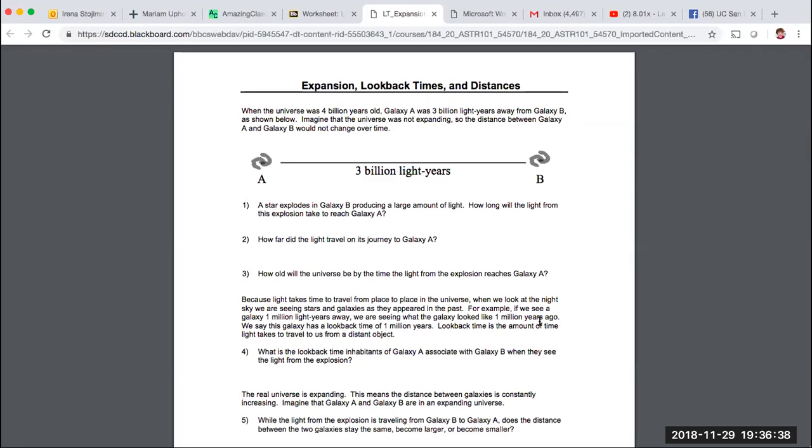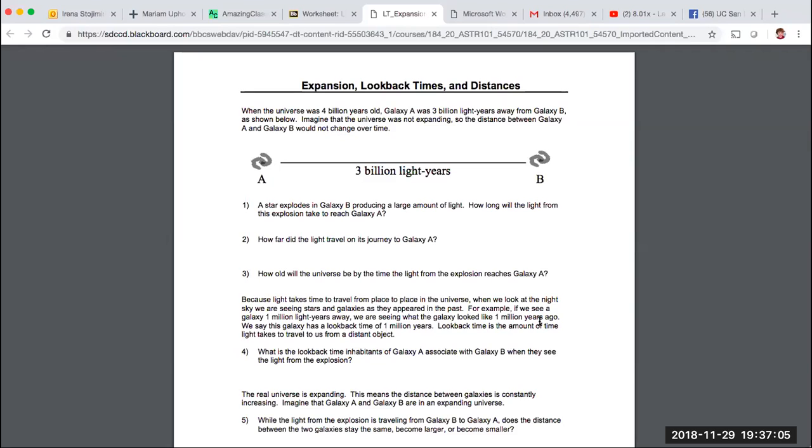Look back time is the amount of time light takes to travel to us from a distant object. Okay. What is the look back time inhabitants of Galaxy A associate with Galaxy B when they see the light from the explosion? 3 billion years. Very good. That's the look back time.